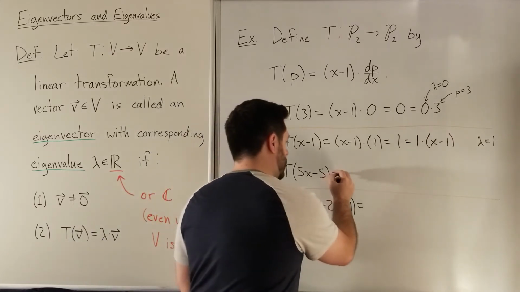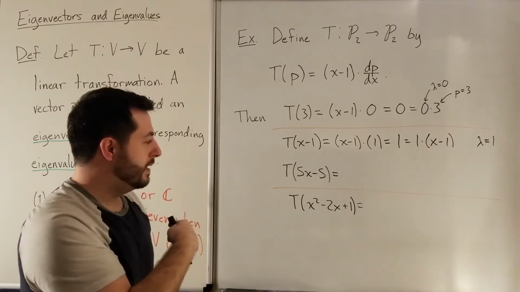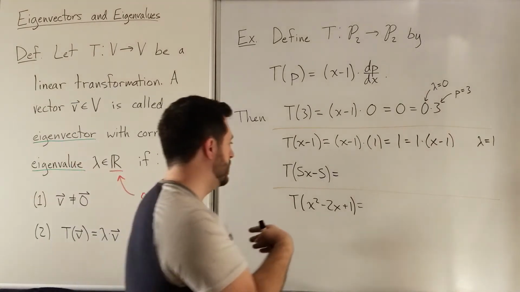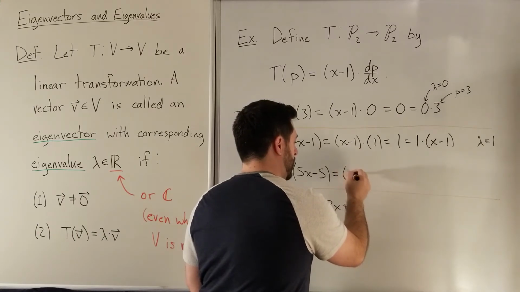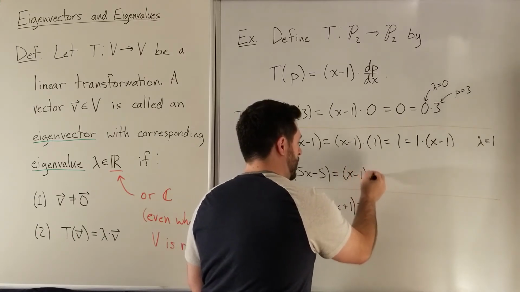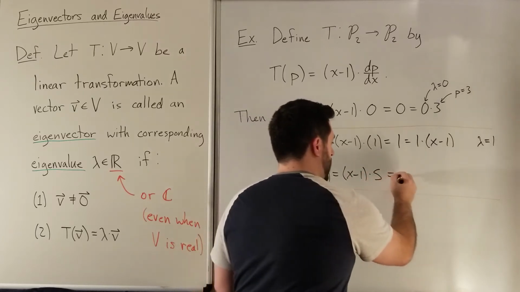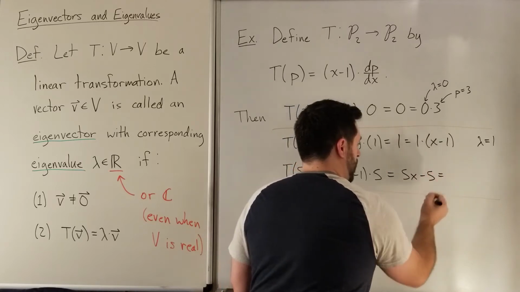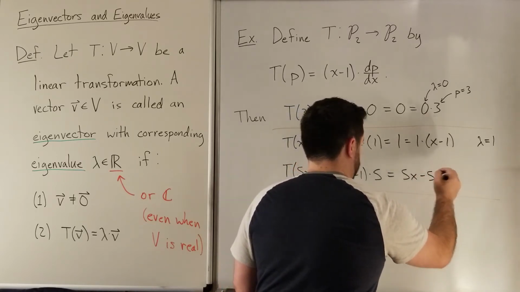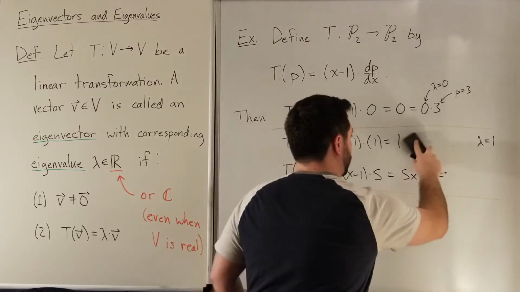And when we do that, because scalars can be pulled out of linear transformations, what we're going to get is x minus 1, the derivative of this is 5, and then we can rewrite that as 5x minus 5, or in other words, oh, I realize I made a typo here.